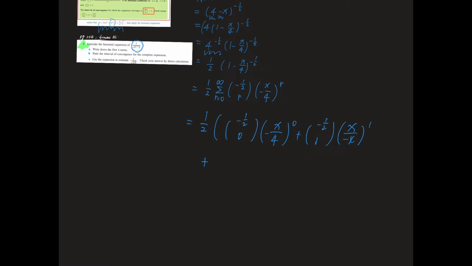Remember, for the fourth term, r should be 1 less, right? So let's continue. Negative half choose 2, and then x over negative 4 to the power of 2, plus negative half choose 3, and then x over negative 4 to the power of 3, plus etc.